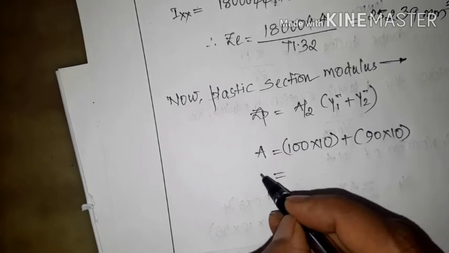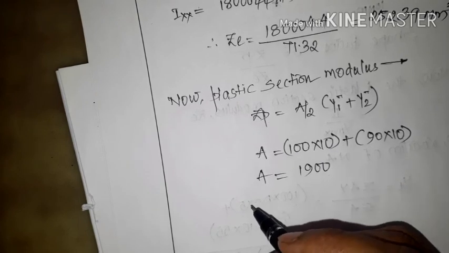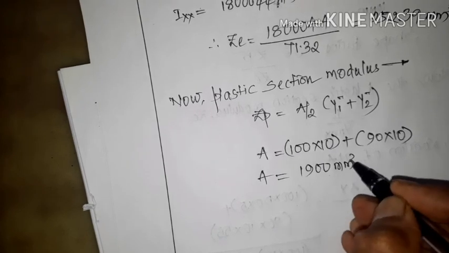So we will get area is equal to 1900 mm square.